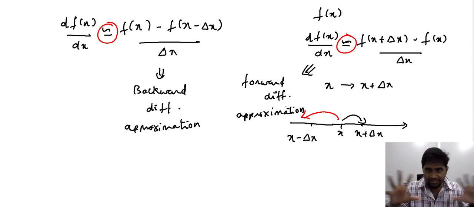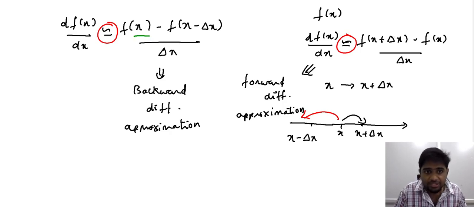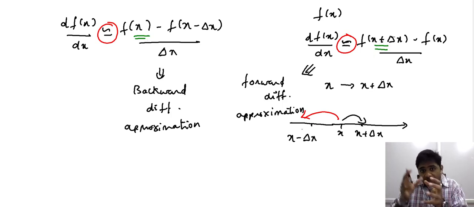Now these are the things that we have covered in our previous lecture. Now when you consider these two expressions, there is also a similarity associated with it. That is, when you look closely, the first term of this approximation, be it backward difference or forward difference, is the rightmost term, or the term where the x value is the highest.